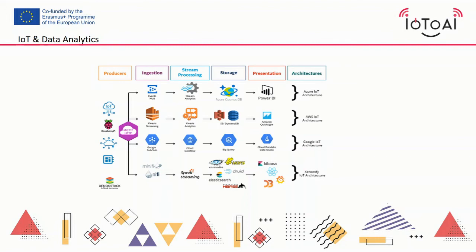For instance, for Amazon Web Services, you have Kinesis Streaming for ingestion, Kinesis Analytics for stream processing, DynamoDB for storage, or Amazon QuickSight for presentation.